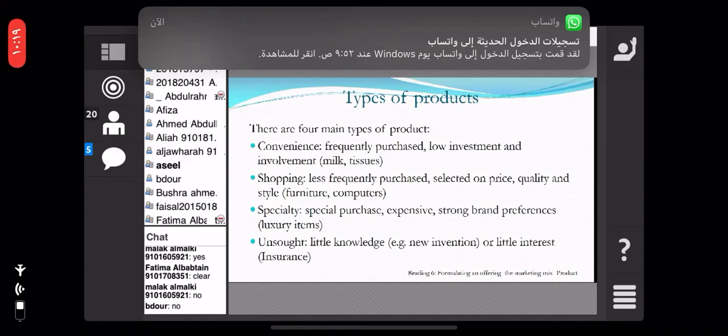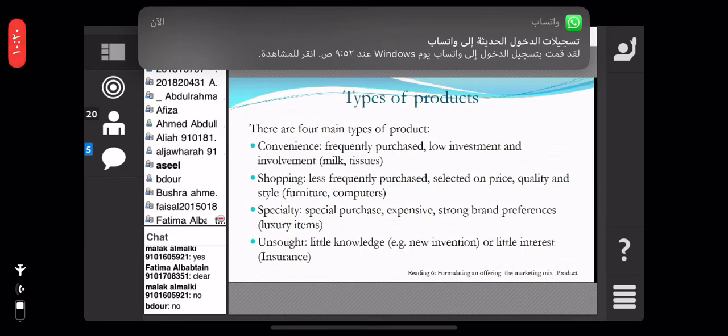Specialty products involve special purchase, are expensive, with strong brand preferences, for example luxury items. When you buy luxury items, any precious items, we call them specialty items. Whereas unsought products are those where customers usually have little knowledge or little interest, for example a new invention or insurance.